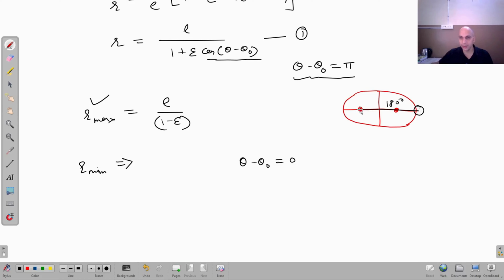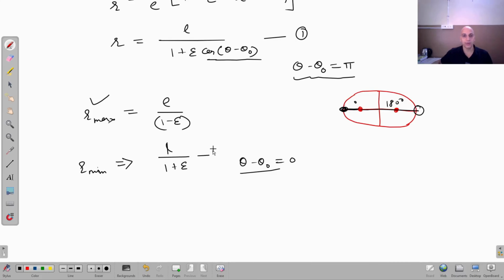So theta minus theta naught equal to 0 means the planet is at this position, where theta is 0 degrees. We are starting from here. In that case, theta is 0, cos 0 is 1, so r minimum is L upon 1 plus epsilon.